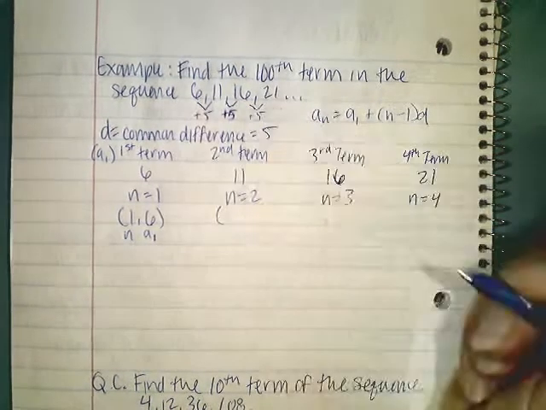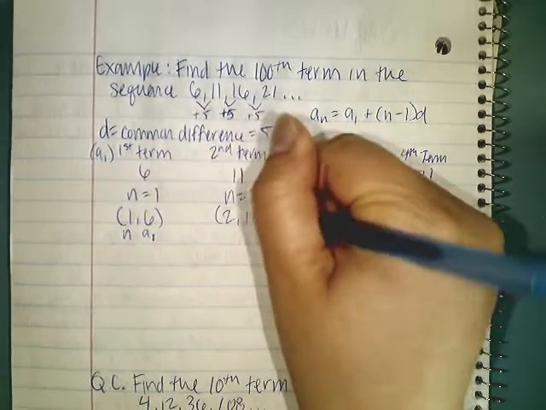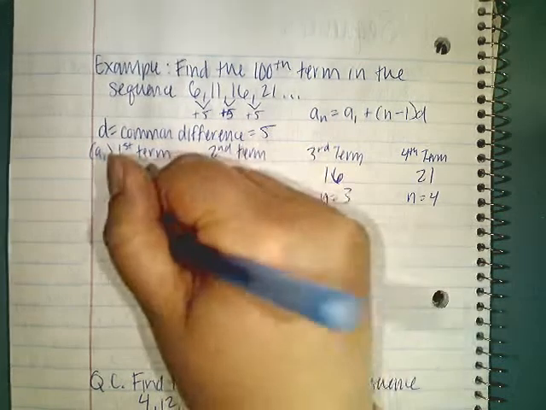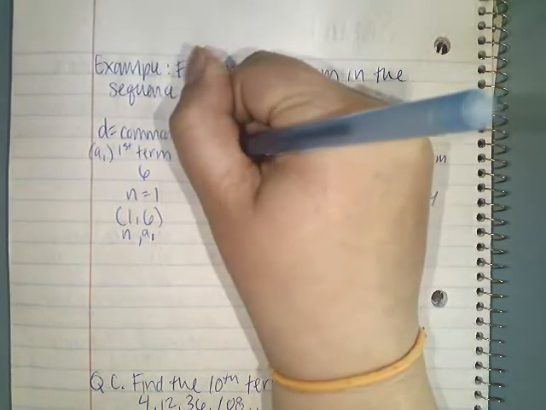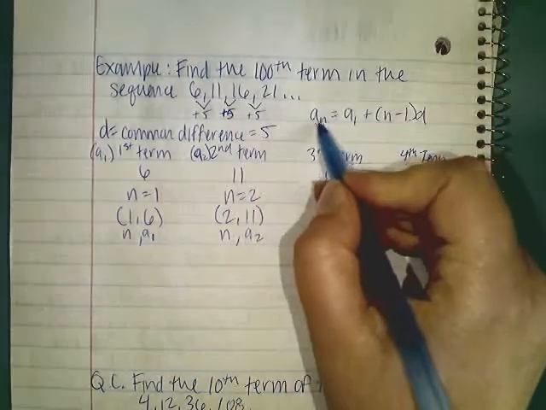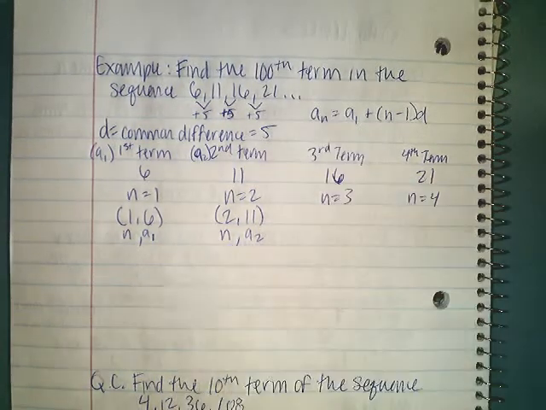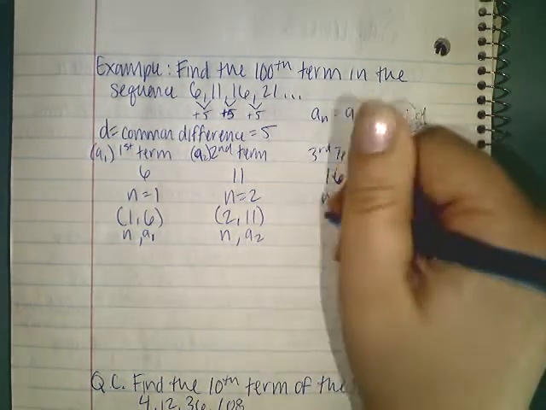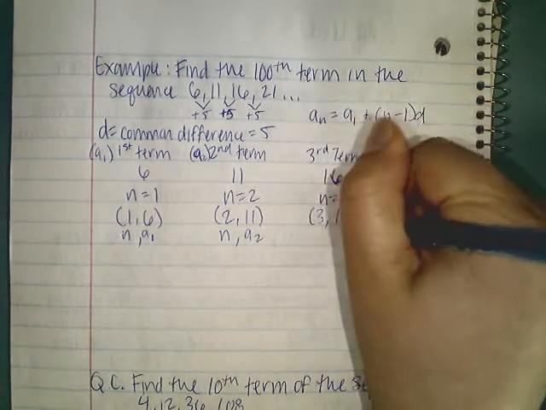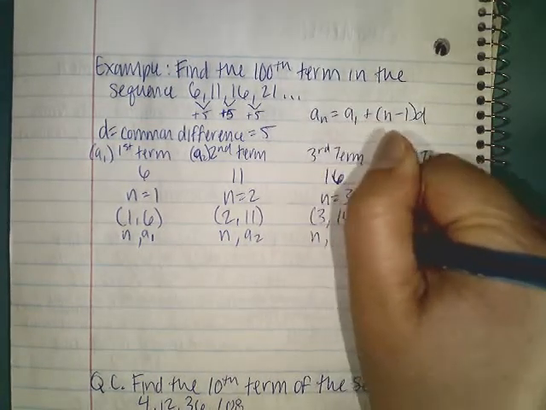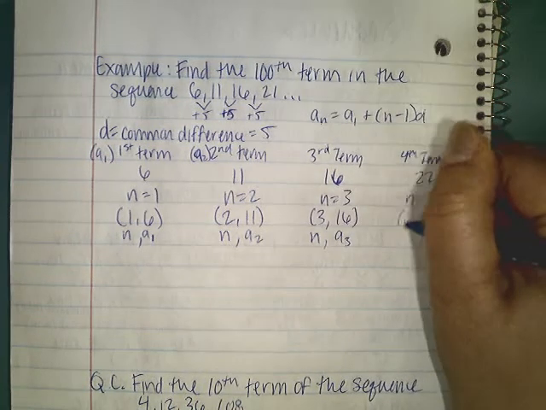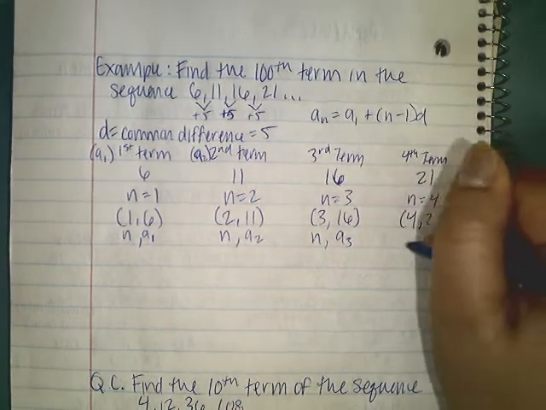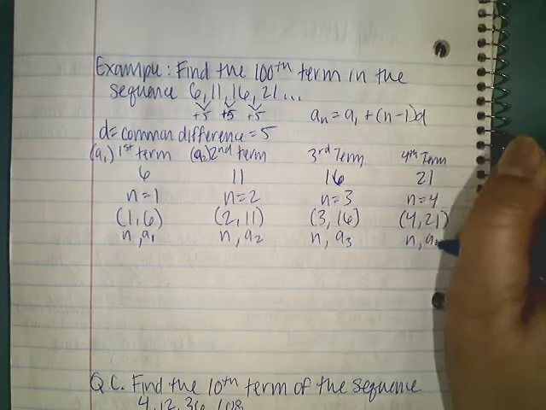If we wrote this out, we'd have (2, 11). This again is n, and this would be a2. So this n tells us what point on the list we're talking about. This would be n, comma, a3. And again, (4, 21), n, comma, a4.